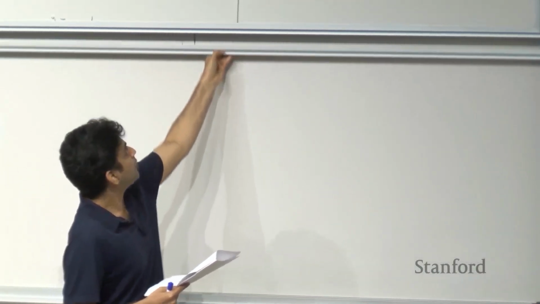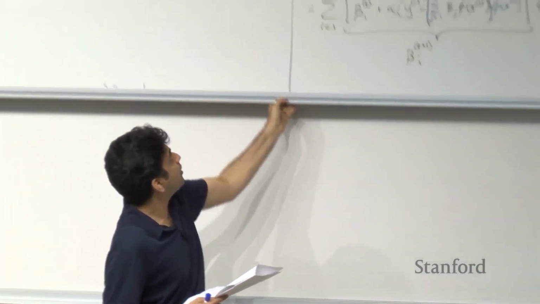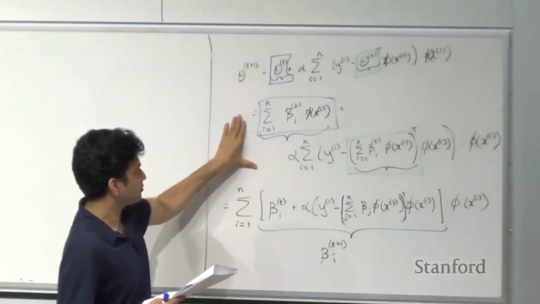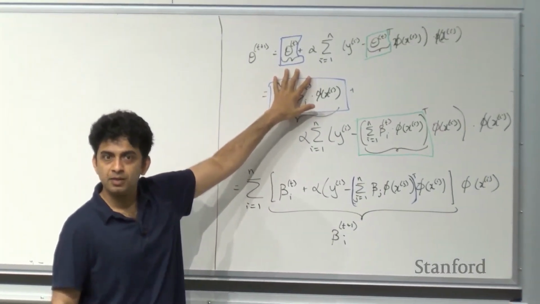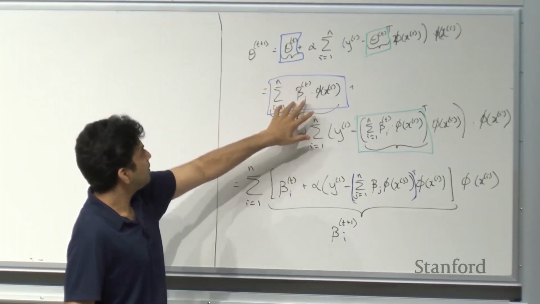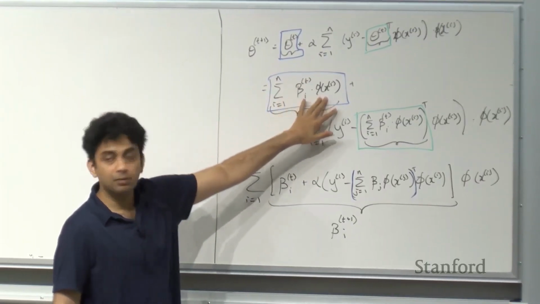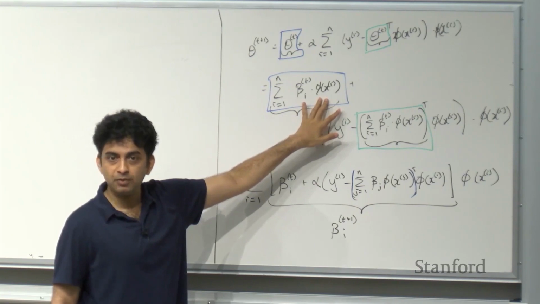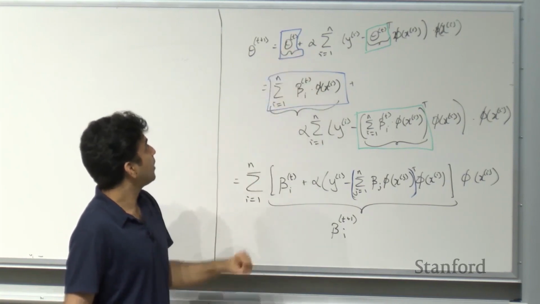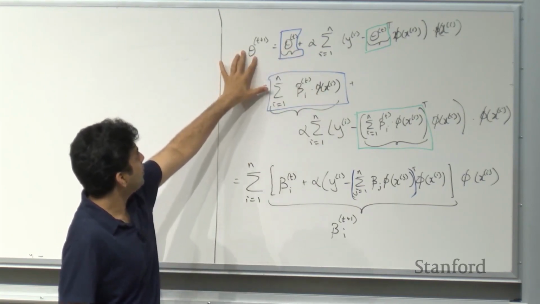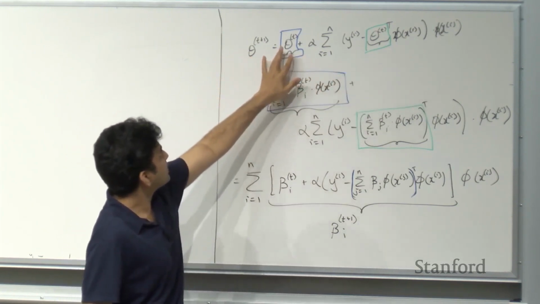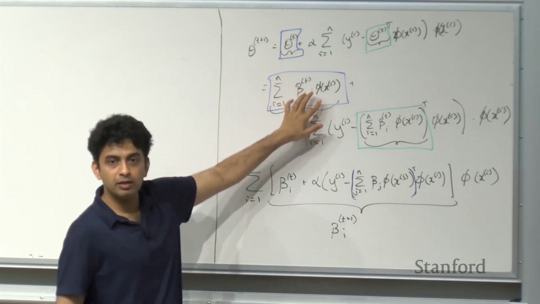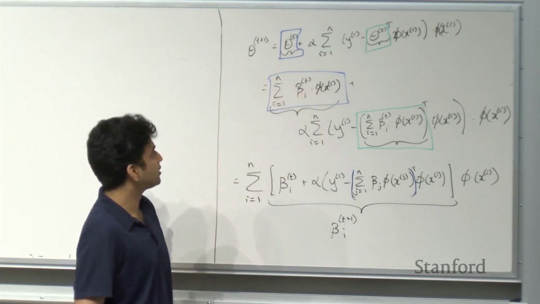And for the inductive step, we assume theta t is already a linear combination of our features, and the beta i's are the coefficients which make up the linear combination for theta t. And now for theta t plus 1, into this expression, expand out theta t in terms of the linear weights of phi of x i, right?